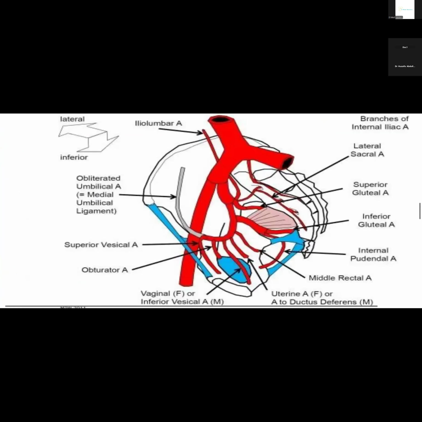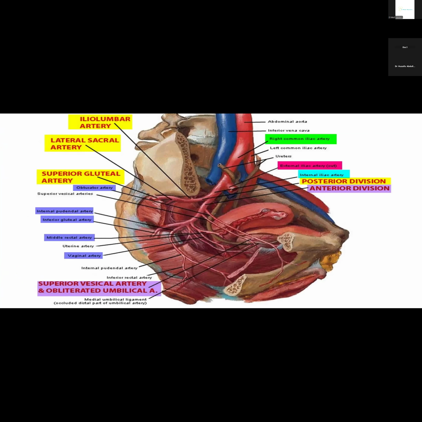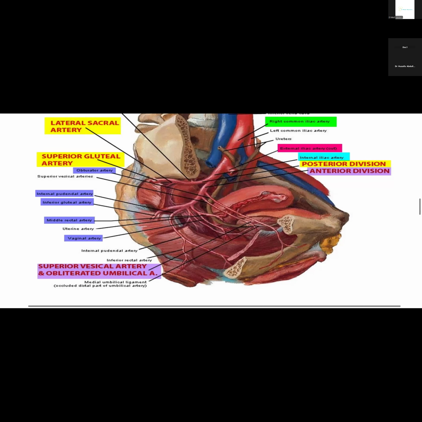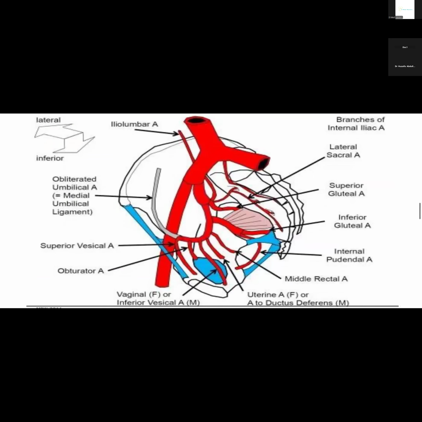And now let's see the branches of the posterior division, which are the superior gluteal artery, lateral sacral branches, and iliolumbar artery. It has only 3 branches. You can see here more clearly, it has 2 divisions, anterior and posterior.